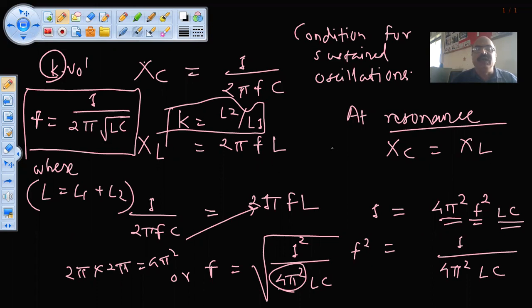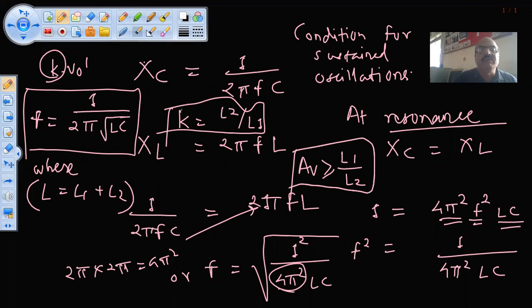And what should be the gain? बेसिक एम्प्लिफायरचा गेन किती असायला पाहिजे. So it must be greater than L1/L2. हा फीडबॅक फॅक्टर K आणि हा गेन AV, तुमच्या बेसिक एम्प्लिफायरचा गेन.